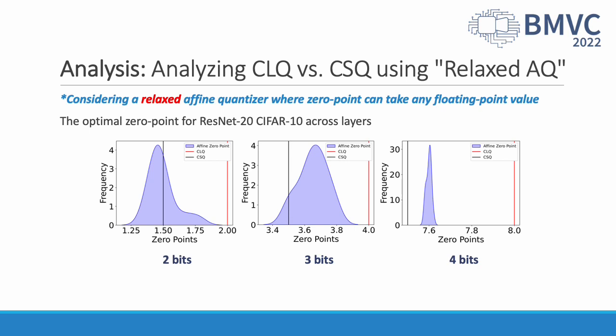The figure represents the zero point distribution across layers for the affine quantizer used to quantize the weights for ResNet 20 and CIFAR 10, and the black line represents the zero point for CSQ, and red line represents the zero point for CLQ. We can see that the zero point distribution is very close to CSQ for 2-bit precision, and as the precision increases, the zero point distribution moves away from CSQ toward CLQ.